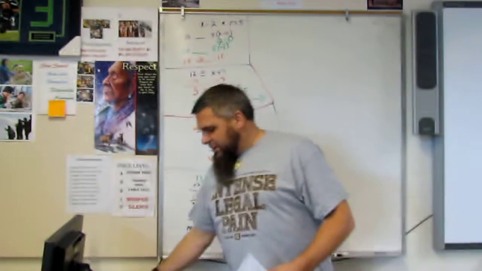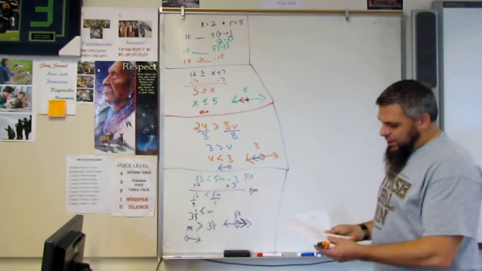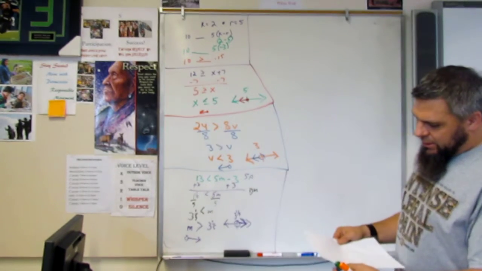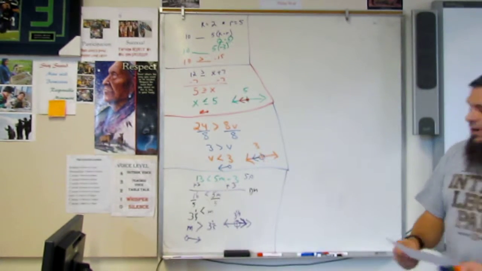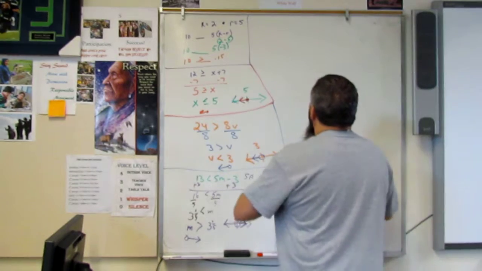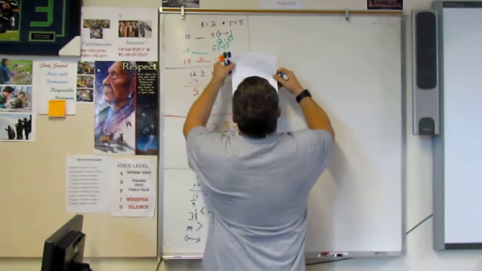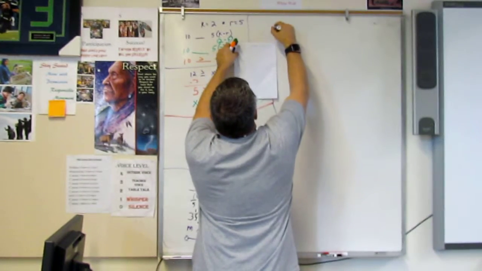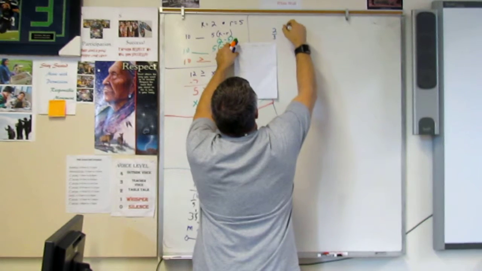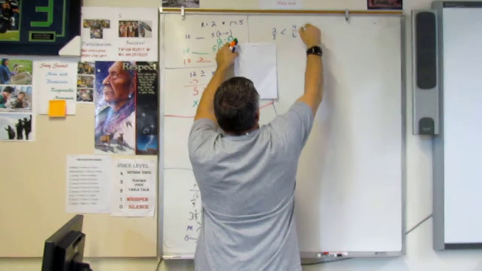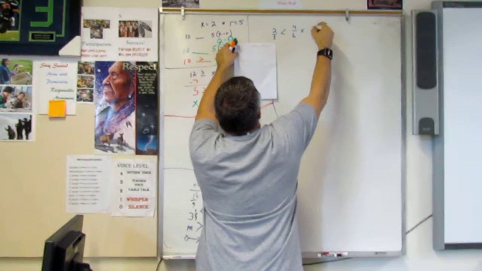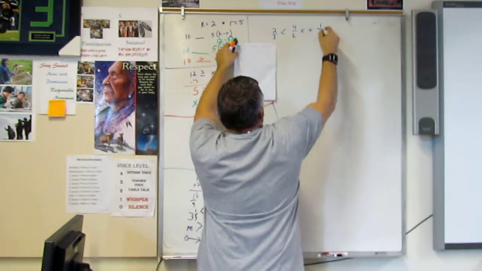Okay, the next one would be 6. It's a fraction. We typically have trouble with fractions, so let's put that in. I got this one. So this one is 2/3 is less than 4/6x plus 1/6.